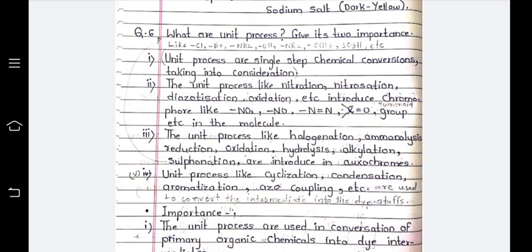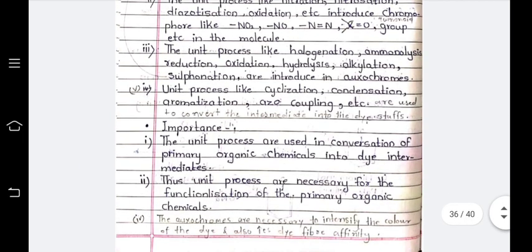We have studied that unit processes are single-step chemical conversions. Unit processes like nitration, nitrosation, diazotization, oxidation, etc. introduce chromophores like NO2, NO, N double bond N and C double bond C groups into the molecules.